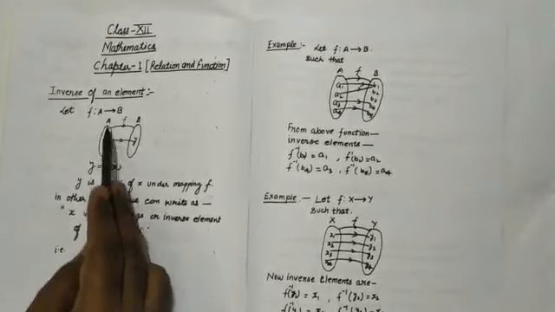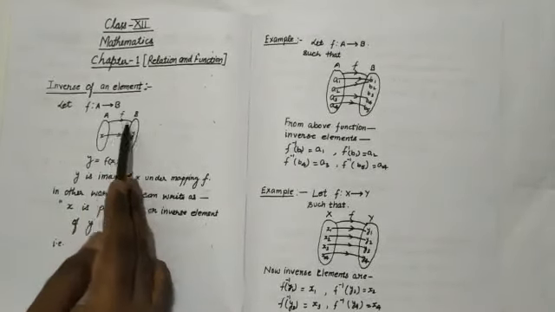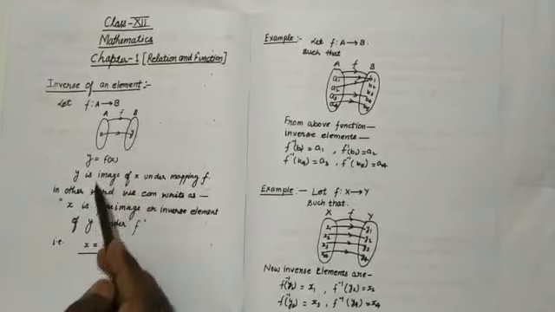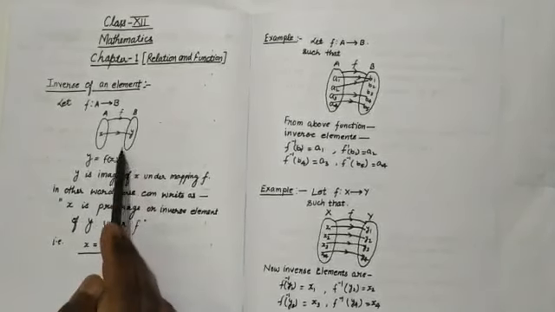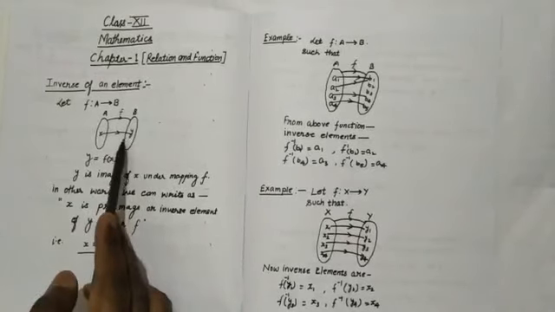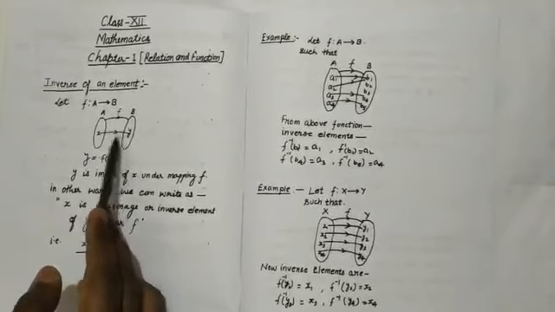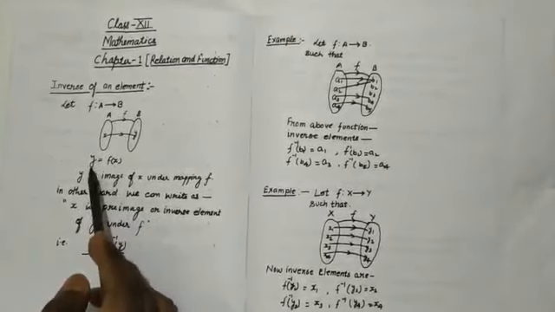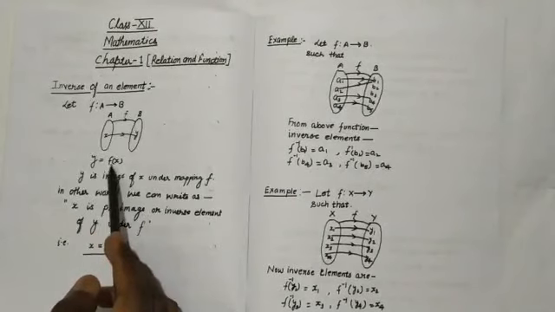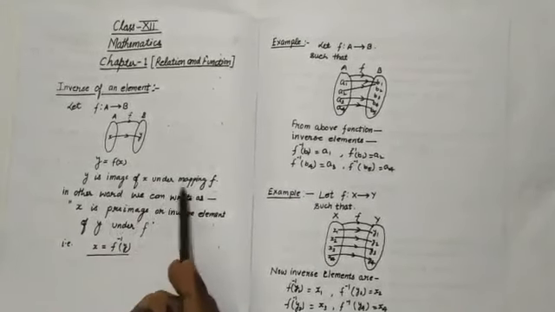One element x belongs to A and is associated to y under the function f, which belongs to set B. Then you can write y is equal to f(x), which means y is the image of x under the mapping of f.